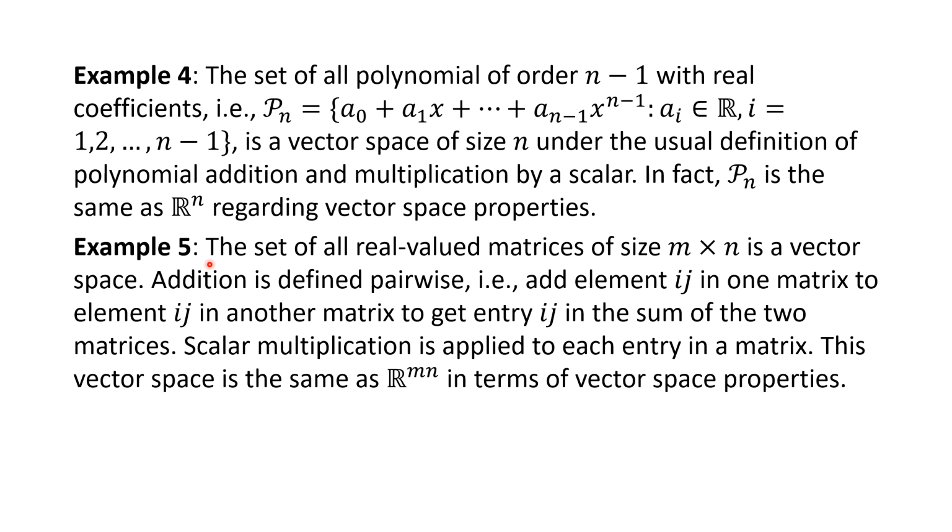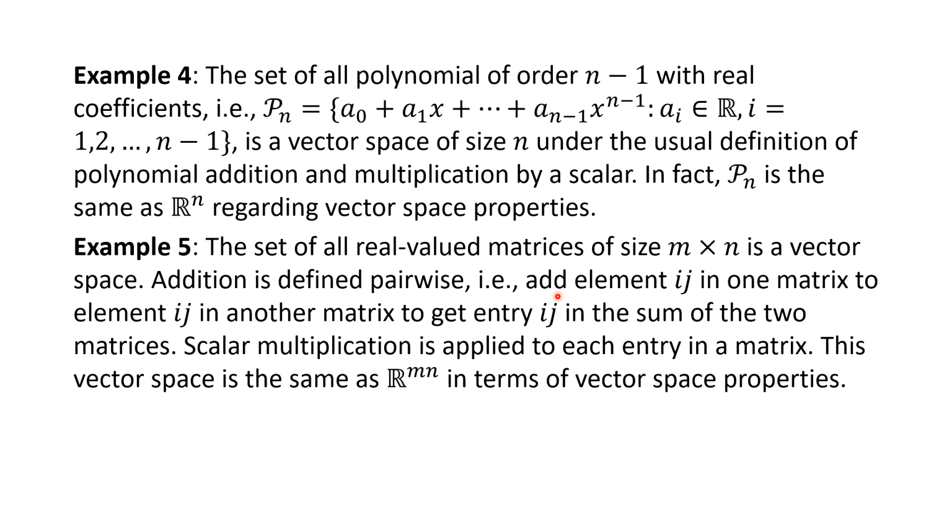Then the second example we have here, again, is similar to R^n. If you just take the matrices, m by n, for example, then that's also a vector space. We add, just the way I showed in the first video from this series, by adding terms in the same position, and then you can multiply the entire matrix by a scalar.